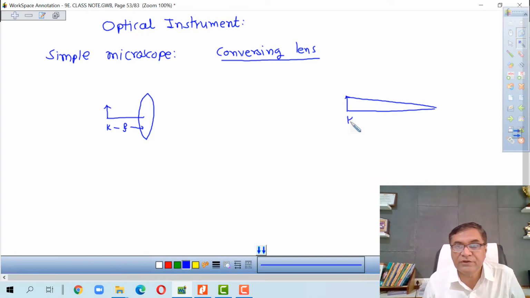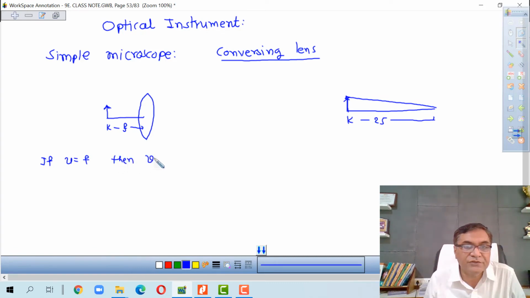So if you keep this at 25 centimeter, this size is very small, so you cannot see the object clearly. તો આપણે શું કરીએ? એક લેન્સ મૂકી દઈએ નિયર ટુ ફોકલ લેન્થ. તો આનું ઇમેજ મને ક્યાં મળે? ઇન્ફાઇનાઇટ મળે. અને જો u is equal to f, then v is equal to infinite. But if u is nearly equal to f, then v will be less than infinity. થોડું નજીક દેખાશે. અને આપણે v 25 સેન્ટીમીટર લીધું છે, and that is nothing but D.